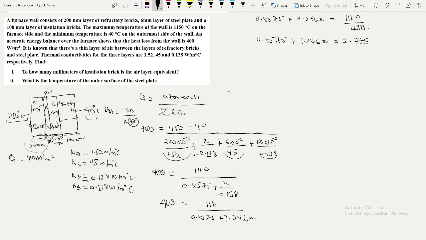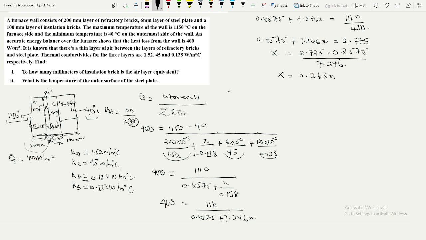And that gives us 2.775. So we can transpose this to the right hand side, and then we get x is equal to 2.775 minus 0.8575 all over 7.246, and that gives us 0.265 meters, right?